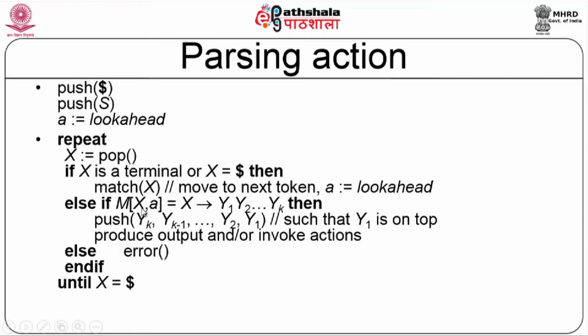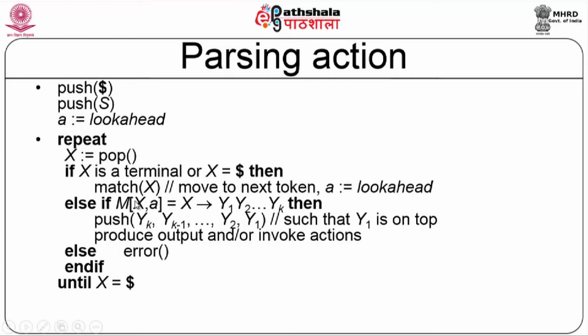X is a non-terminal on the stack and a is the input symbol. The parsing table will have productions at a particular combination of non-terminals and terminals. In that case you check what production it has.